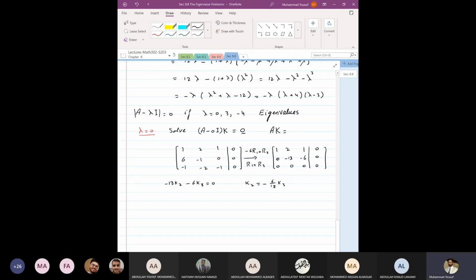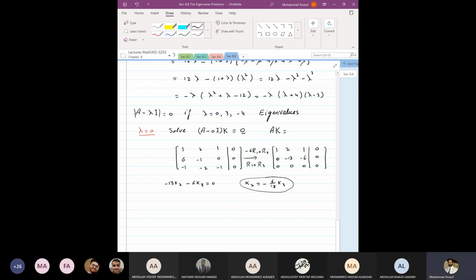If you like, you can reduce this into reduced echelon form, or if you want to make one more step, you can divide the second row by negative 13. That is your choice, but you will still get the same answer, k2 equal to negative 6 over 13 k3.